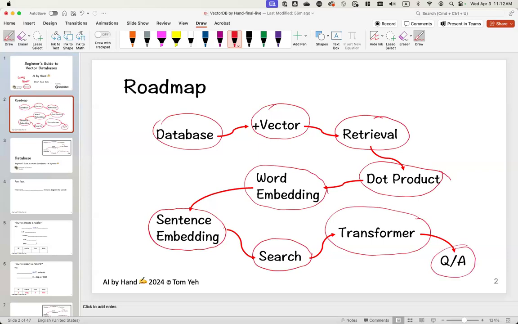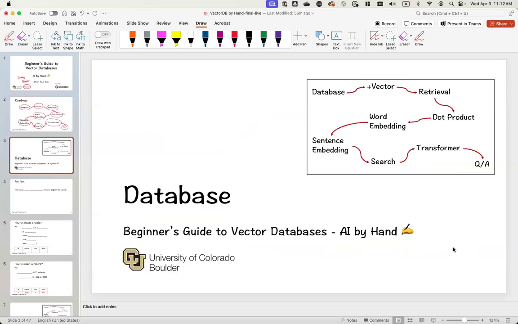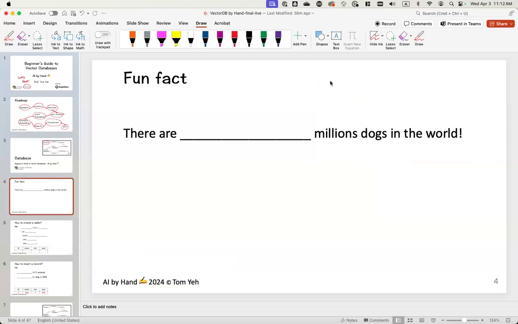To start, I will start with the database. I mentioned my son Isaac. A couple days ago, he asked me, Dad, can we get a dog? Why do you want to get a dog? He told me that almost everybody in his class has a dog.